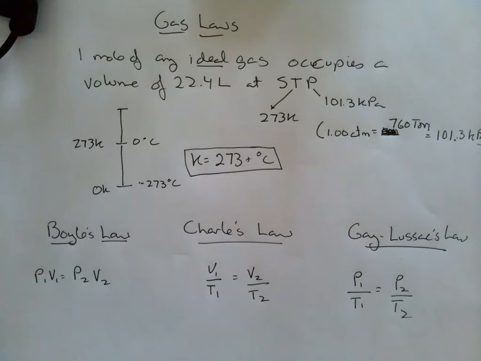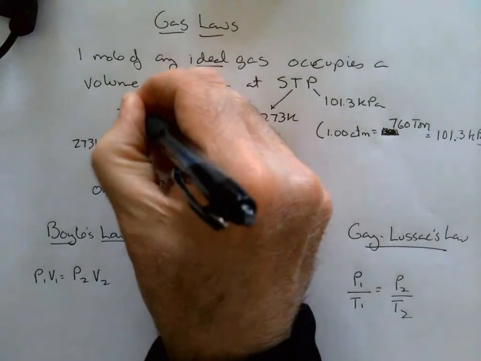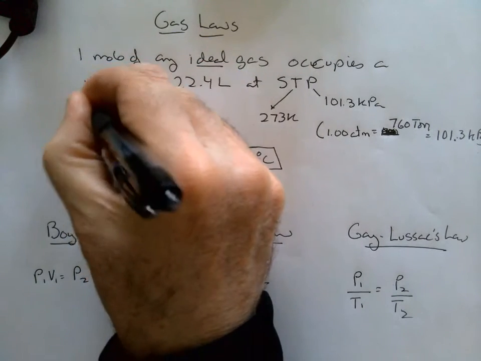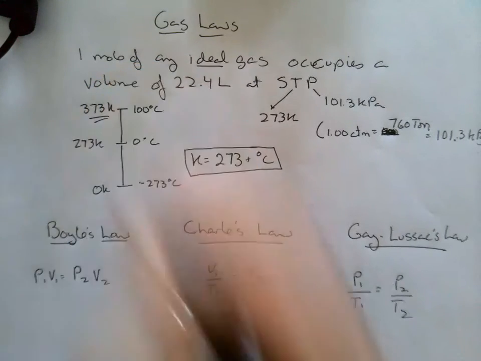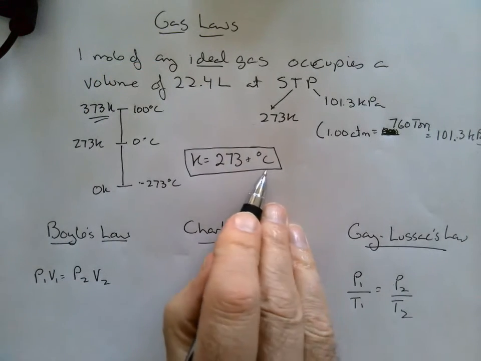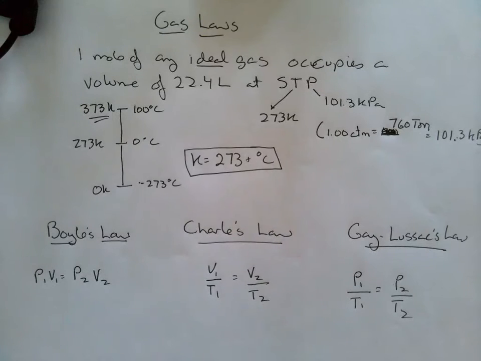So at 0 degrees Celsius or freezing, that would be 273 Kelvin. At boiling, that would be 373 Kelvin. If you are given temperature in Celsius, you must add it to 273. If you do not do things in Kelvin, it will not work.